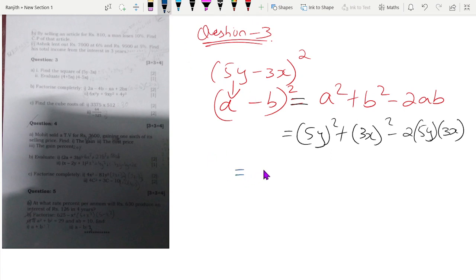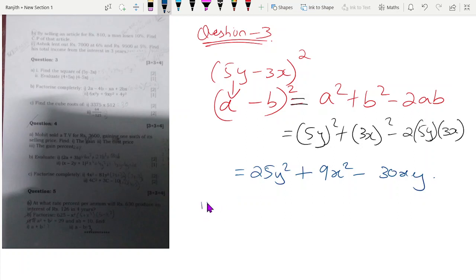I'll tell the answer. Yes, what's the answer? 25y square plus 9x square minus 30xy. Then all of you, is it clear?